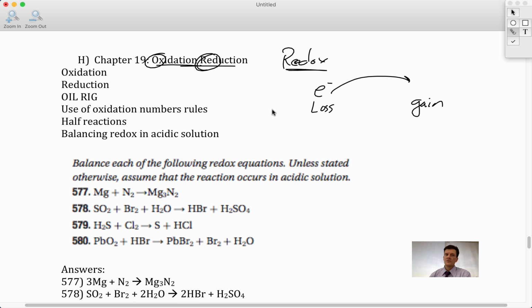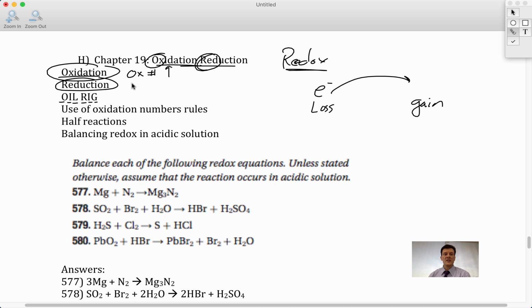If you ever get confused which is which, oxidation is always losing electrons. Oxidation is losing. Reduction is gaining electrons. Reduction is gaining. For oxidation, the oxidation number will go up of a particular element, comparing it on the left side and the right side of your reaction.